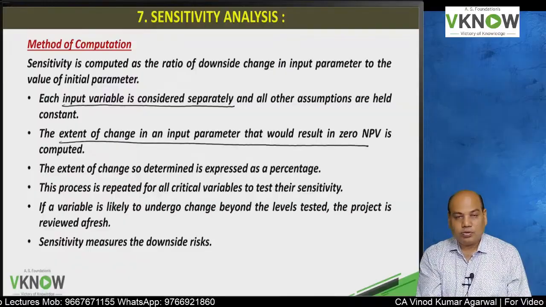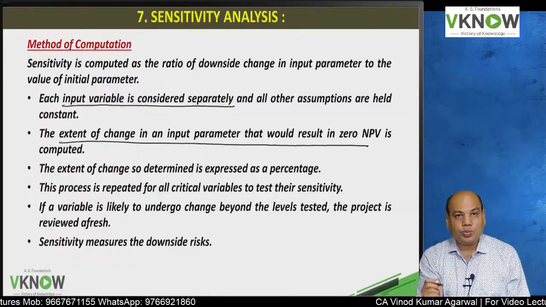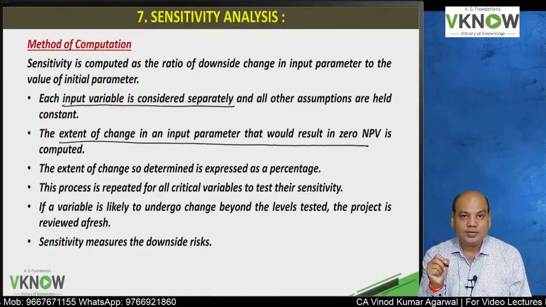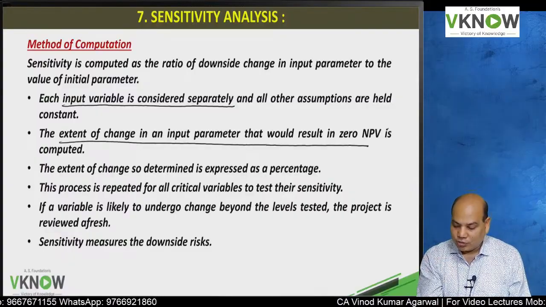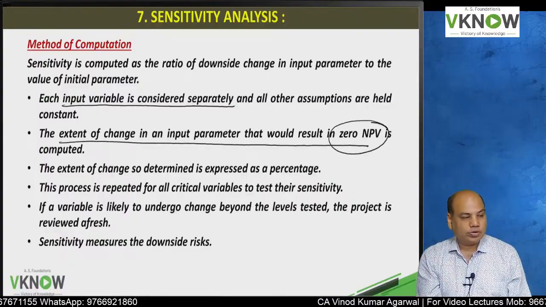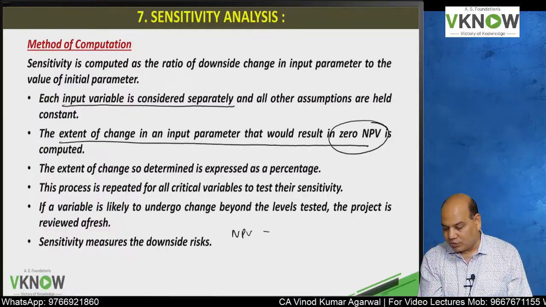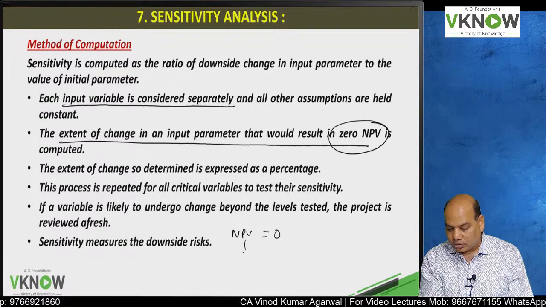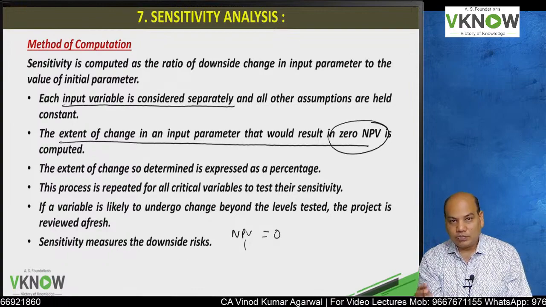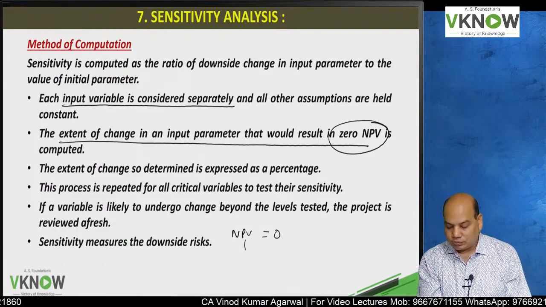What we have to find out is the value of that variable at which NPV will be 0. So it's a reverse working problem. NPV should be 0 and you have to find out the respective variable at which NPV will be 0.